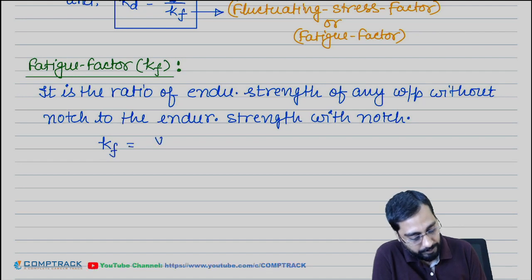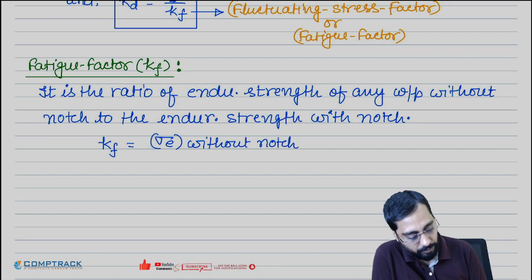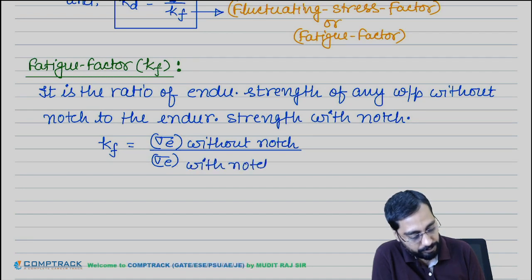So it will be the ratio of without notch over with notch.